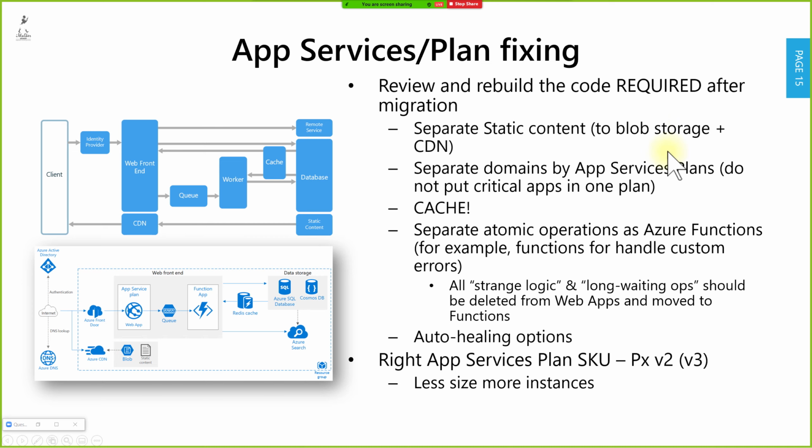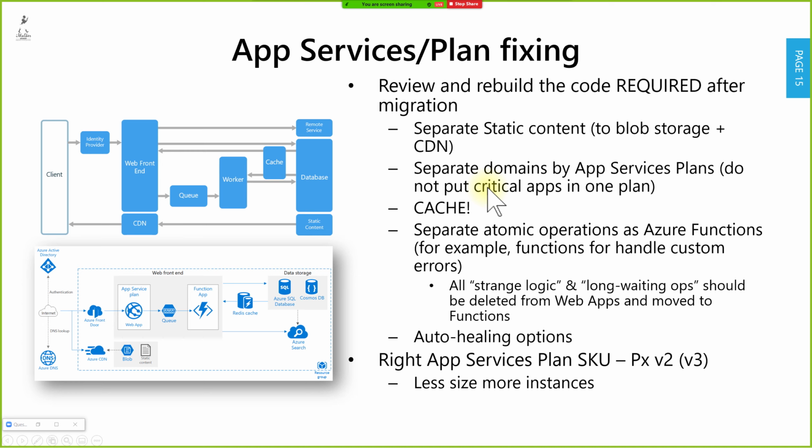You have to move any static content to blob storage with CDN. It will be separated, like images, blob, and so on, part of your application, I mean by the fully qualified domain name.